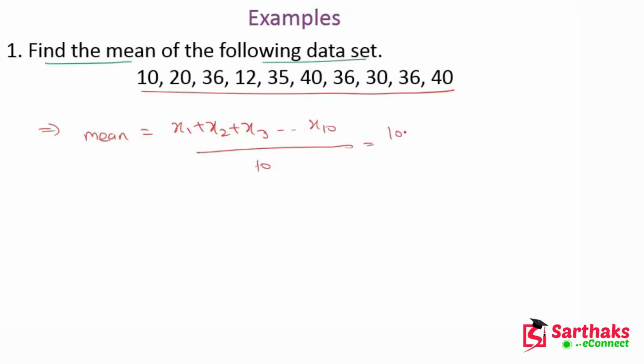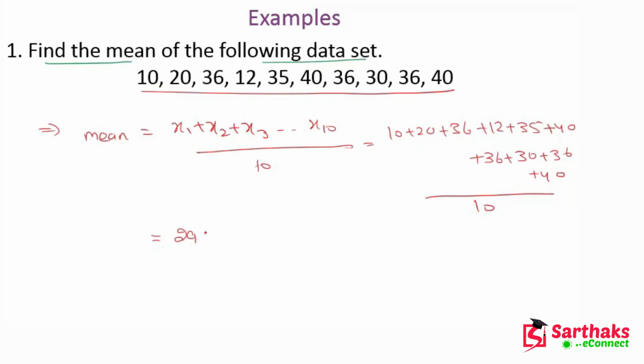So here it is 10 plus 20 plus 36 plus 12 plus 35 plus 40 plus 36 plus 30 plus 36 plus 40, divided by 10. If you solve this, we get 295 divided by 10, so we get 29.5. So the mean of the given data is 29.5. I hope you get this point.